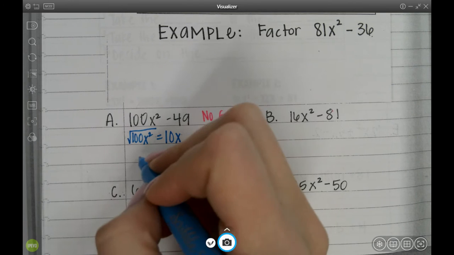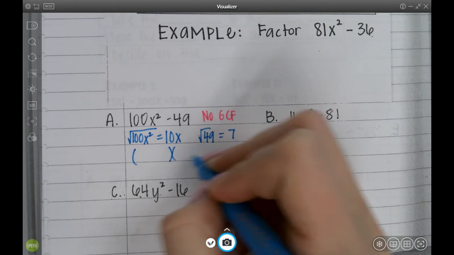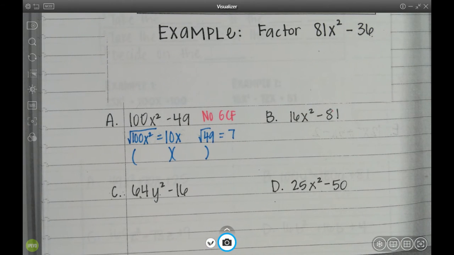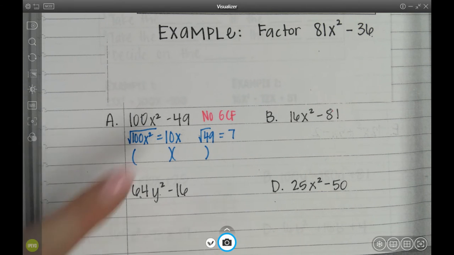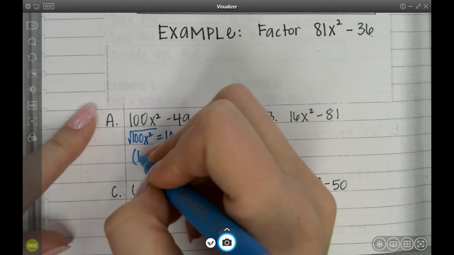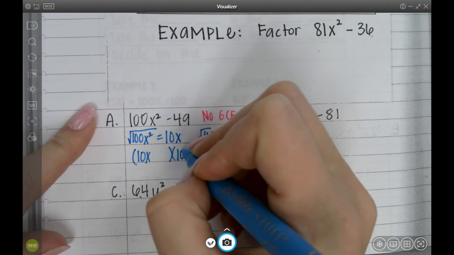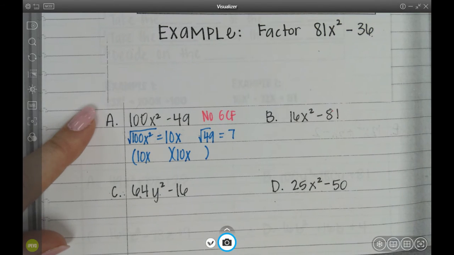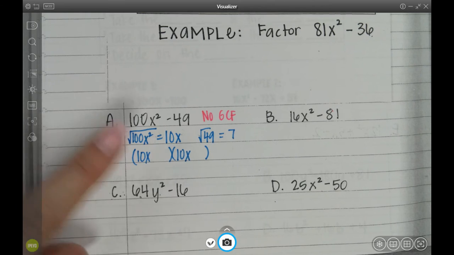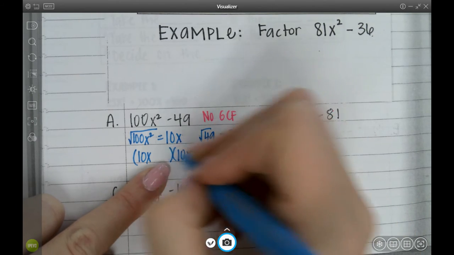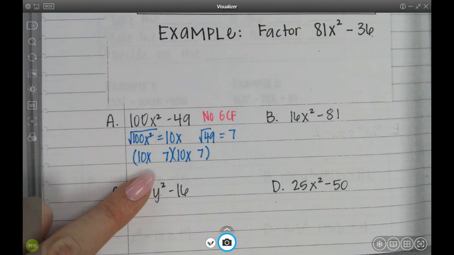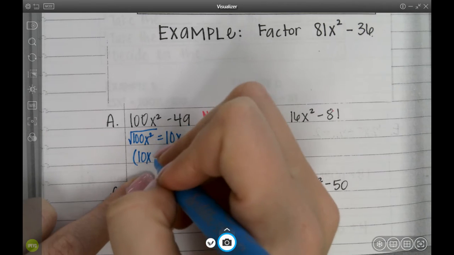Okay, when I factor these, I'm still going to have two sets of parentheses, like I've had every time so far, right? I'm going to put a 10x in front of both of them. I'm going to put a 7 in the back of both sets of parentheses. And I'm going to make one positive and one negative.